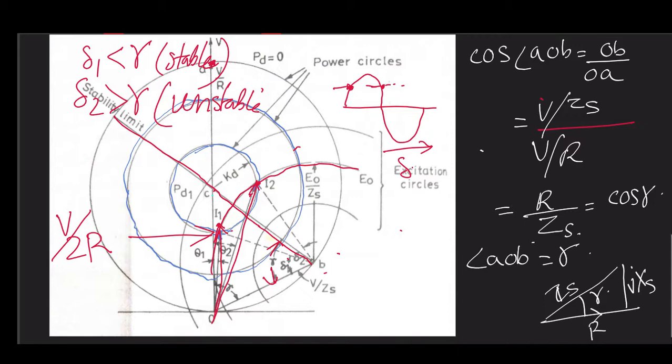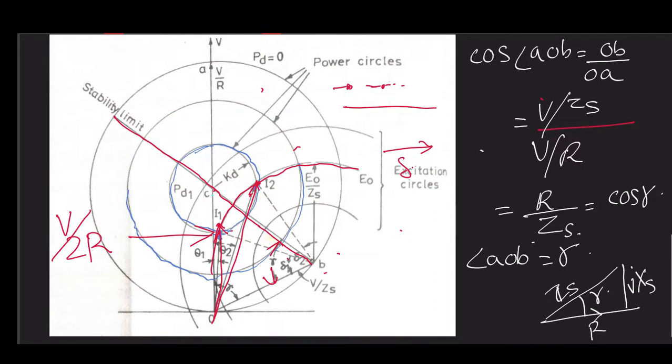What do these concentric circles give us? On all the points of a circle, the value of power is constant. What is the physical interpretation of this circle? On this circle we get a constant power.